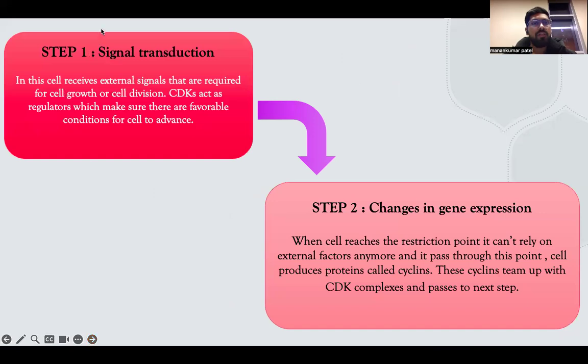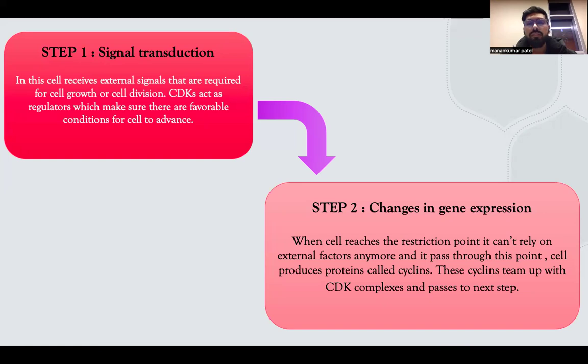The first step of our cell cycle is signal transduction. In this, the cell receives external signals that are required for cell growth or cell division. CDKs act as regulators which make sure that there are favorable conditions for the cell to advance to the next phase.